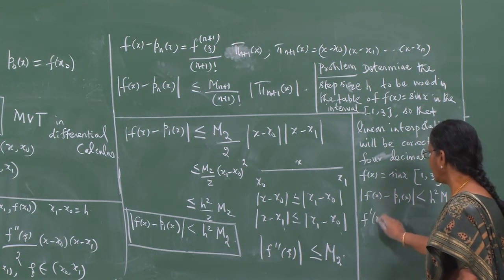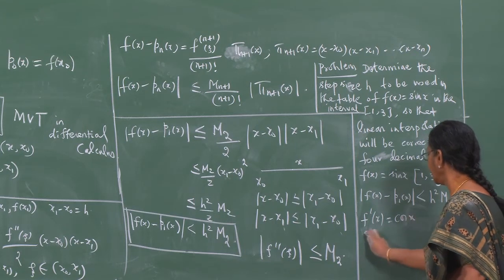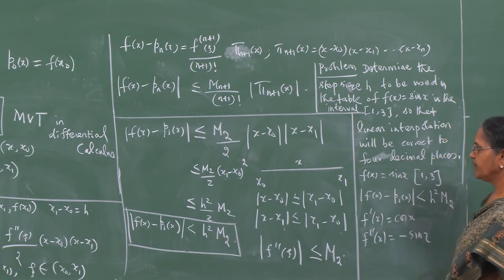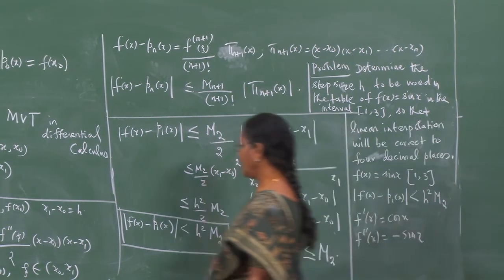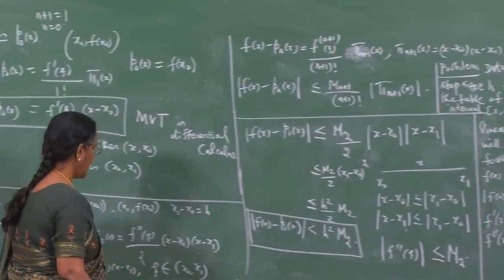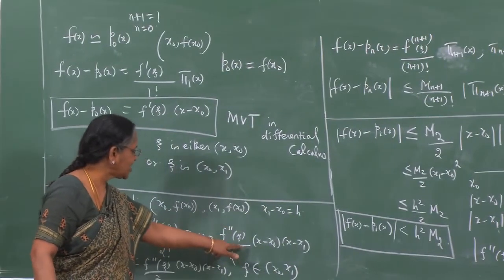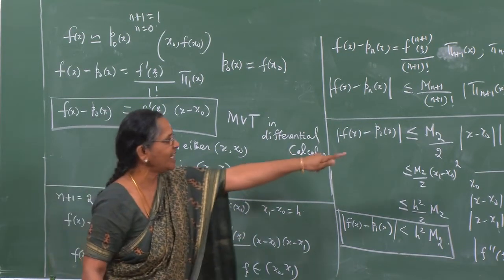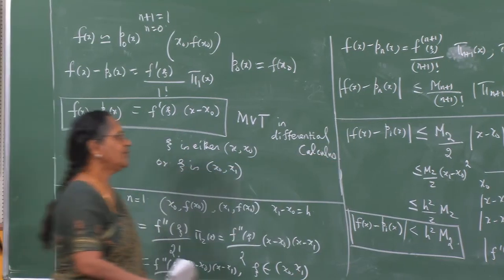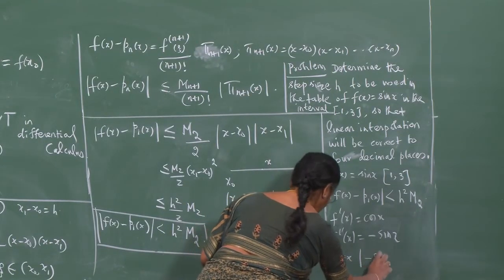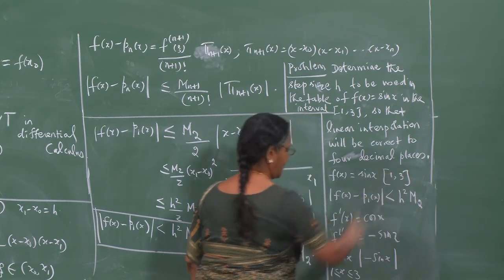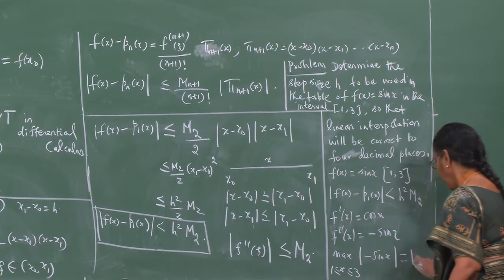So, we compute f dashed of x, that is cos x, f double dashed of x, that is minus sin x. And what is m2? m2 is such that modulus of f double dashed of psi is less than or equal to m2 for psi in the interval 1 to 3. So, we can compute the maximum of modulus of minus sin x for x in the interval 1 to 3, and that is going to be 1.